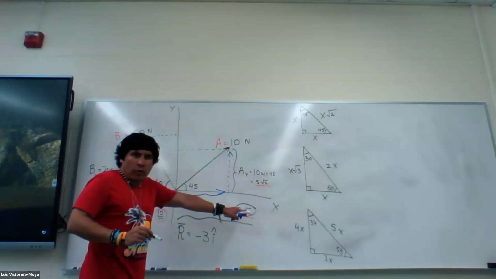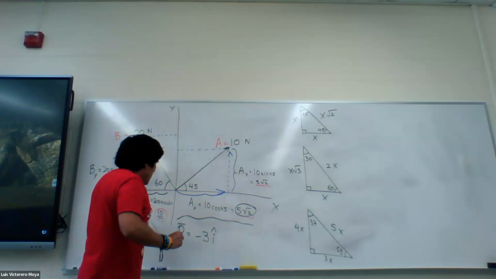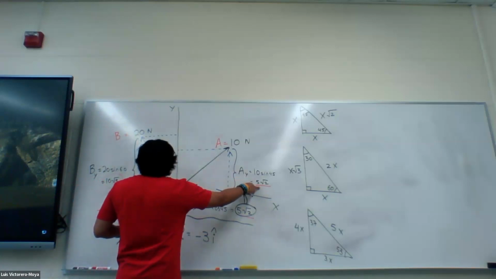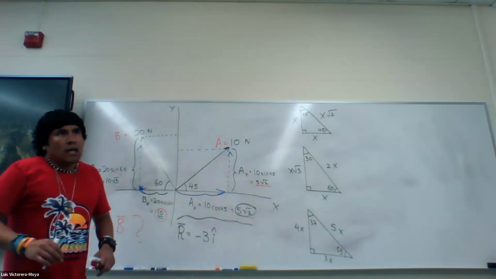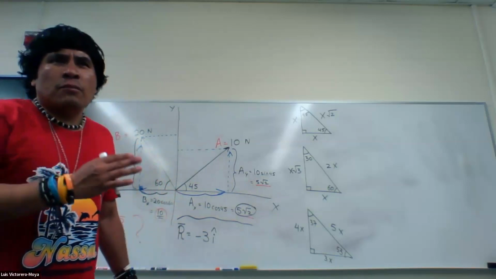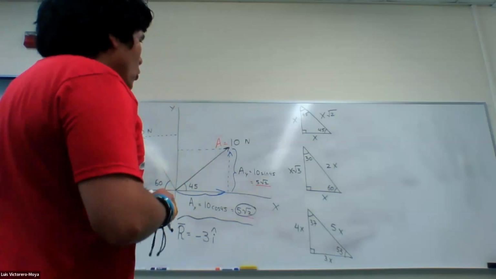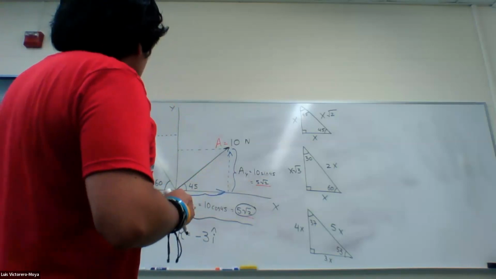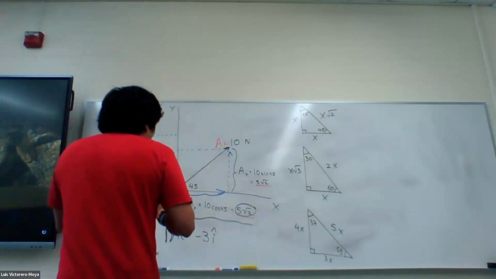I'm approximating, by the way. All right. And then this is 5 root 2 plus 10 root 3. 10 root 3 is around 17.3. We say 5 root 2 is approximately 7. So 17.3 plus 7 is 24.3.